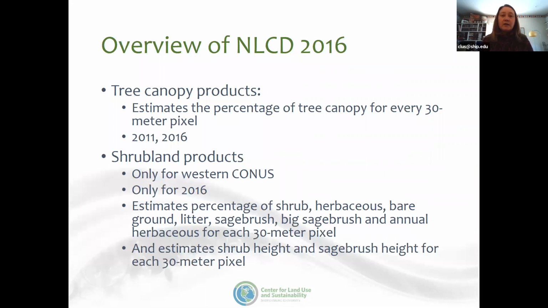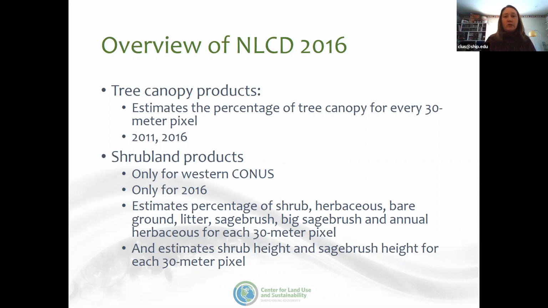Like 2011, the 2016 edition includes tree canopy products that estimate the percentage of tree canopy for every 30 meter pixel. These are available for 2011 and 2016. And then for the Western continental US, and only for the date 2016, there is a suite of shrubland products. This is primarily to help with fire threat monitoring and modeling.